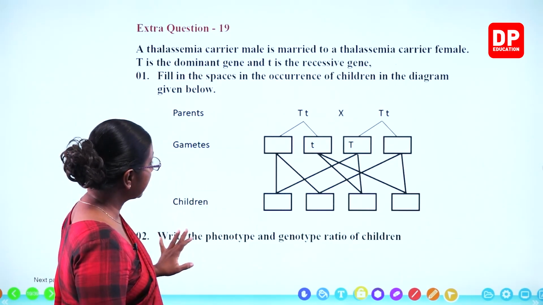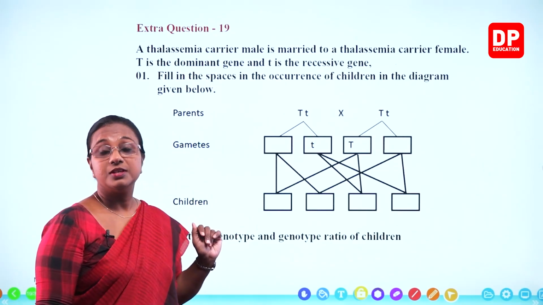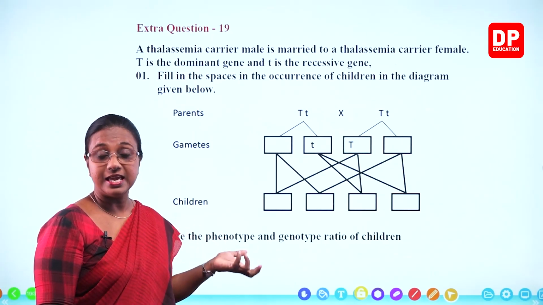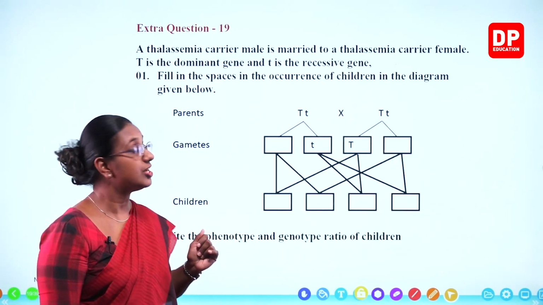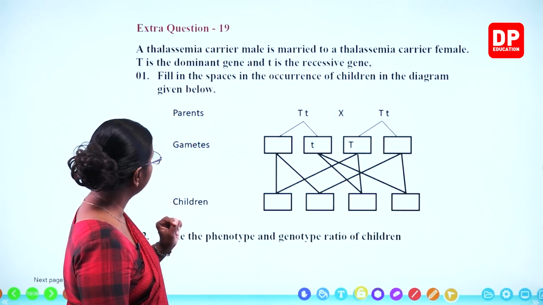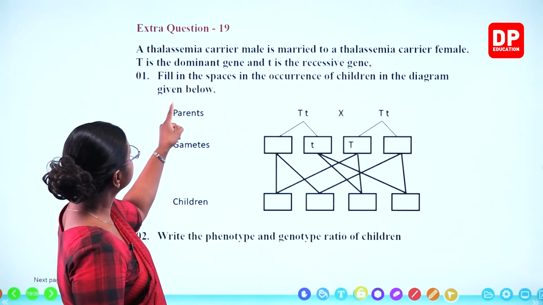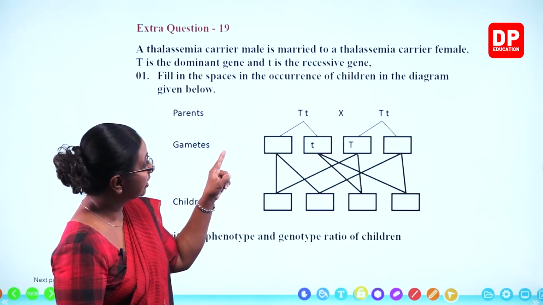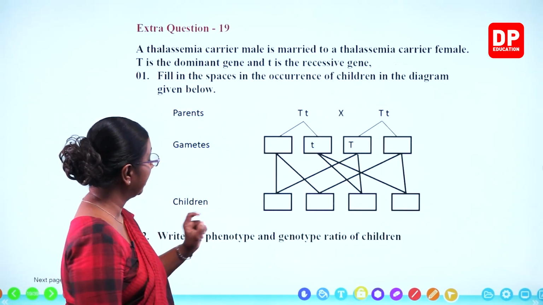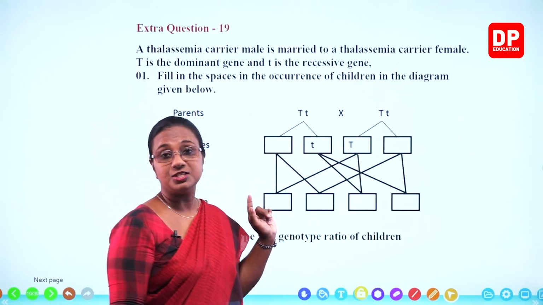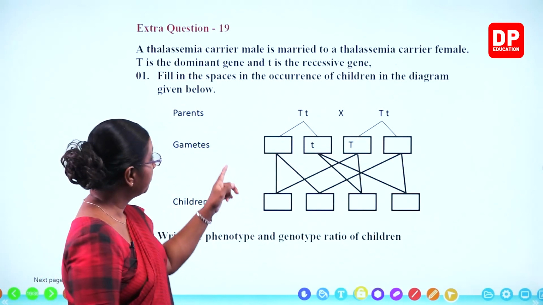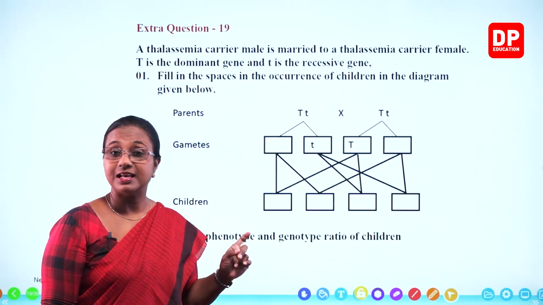So here there is a diagram. You all know how the occurrence of the next generation takes place. So here we have the parents, both parents are carriers. So there you can see thalassemia carrier male is married to a thalassemia carrier female. So the heterozygous condition is the carrier. Both male and female can act as carriers.